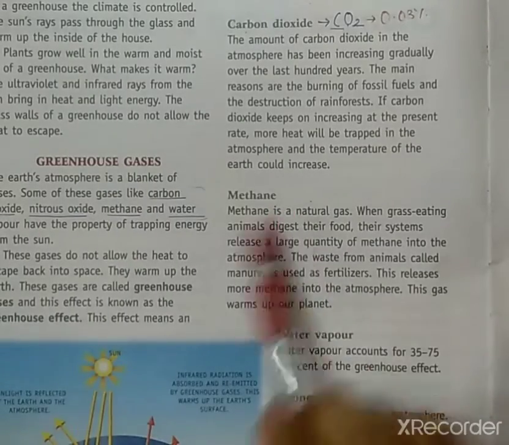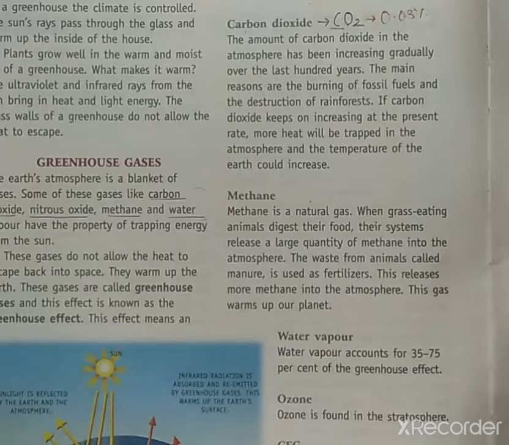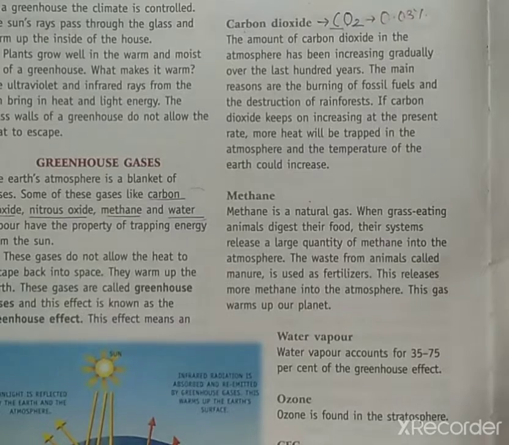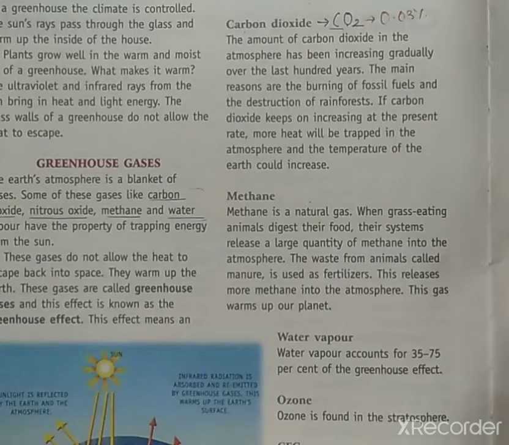The next one is methane. Methane is a natural gas, and mostly the grass-eating animals, called herbivores, have a digestive system that produces a large amount of methane during digestion.